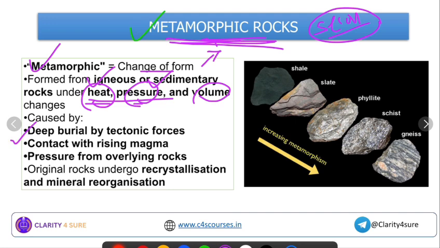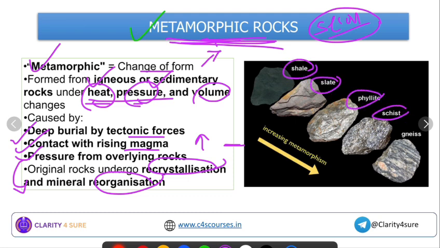These things form because of deep burial, because of tectonic forces, then contact with rising magma, which will increase the temperature and heat, then the pressure of overlying rocks. This will lead into the recrystallization and reorganization of minerals which are present under the rock, and it will change its form and give it a new look. So these are the examples: shale, slate, phyllite, and gneiss.